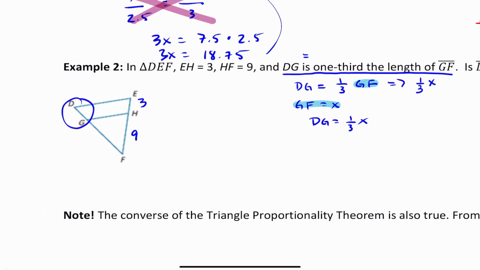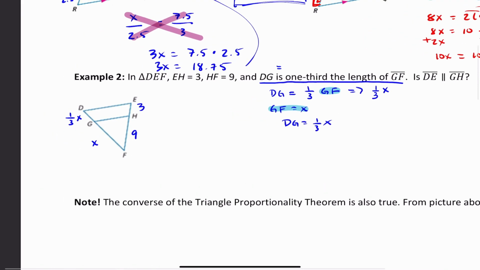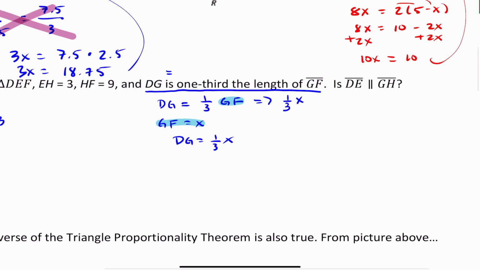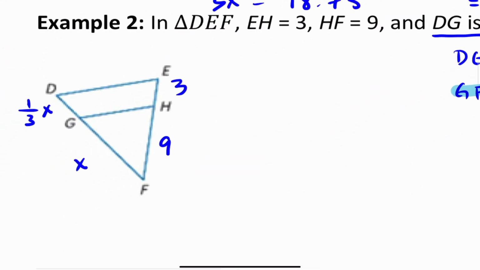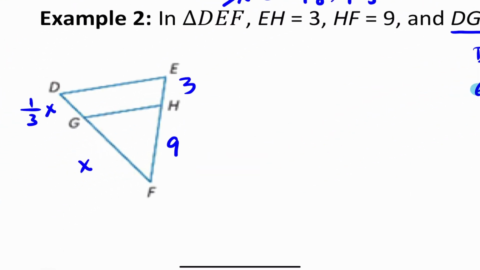So DG is here. I can say that's 1/3 x, and then GF is what we called x, okay? Now, notice that the question here is asking you, is segment DE parallel to segment GH? This is not parallel to begin with.